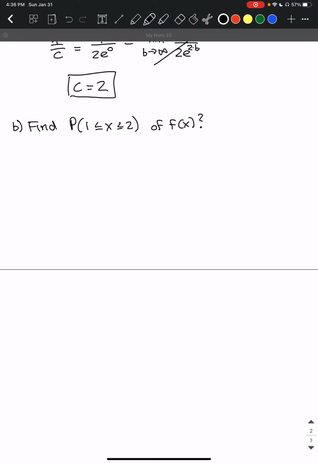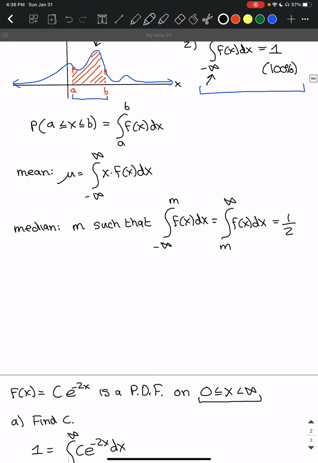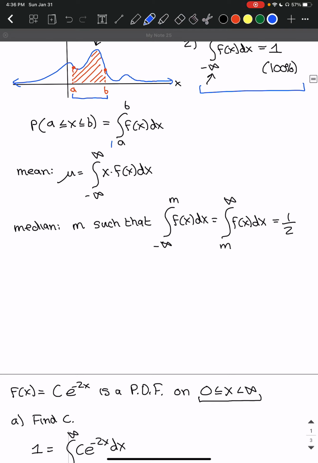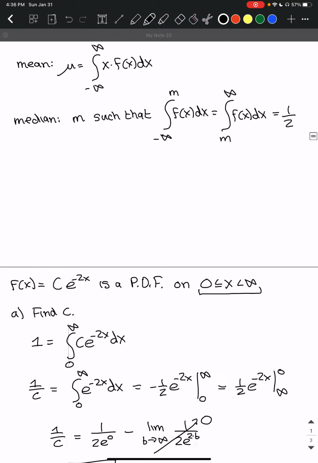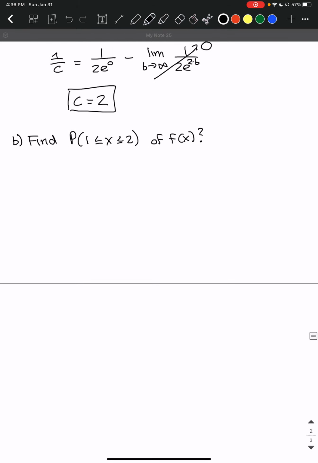And so what we need to do here is make use of this property here, that the probability of measuring x between two endpoints is simply the integral of the function over those endpoints. So the probability is equal to the integral from 1 to 2.